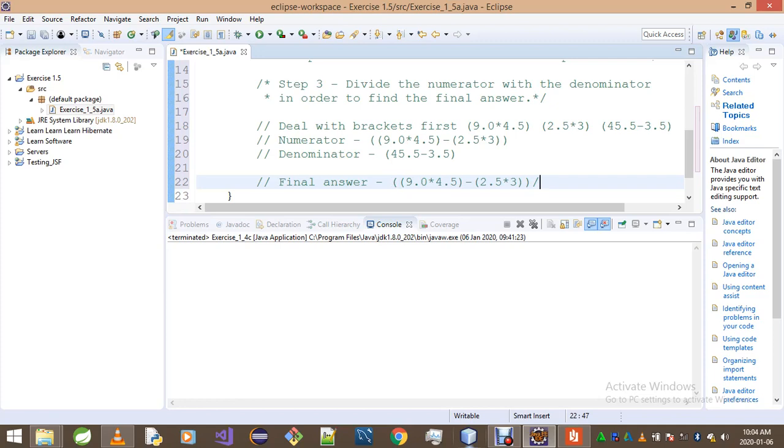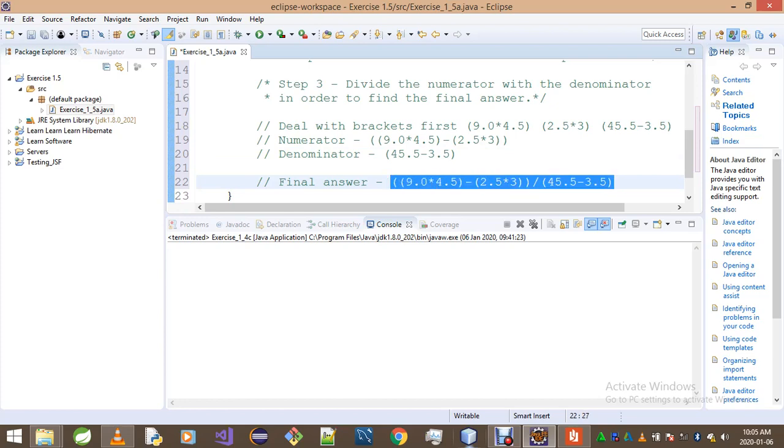You've gotta find the right way to put your expression in brackets. So we've got this, the numerator divided by the denominator. Actually, this is our final answer.